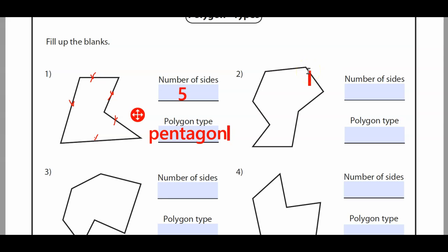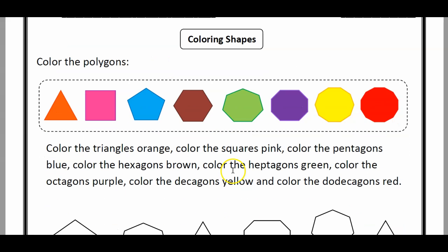Now if you go to the second page, it tells you right here. This is a triangle, a square. A pentagon has 5 sides.